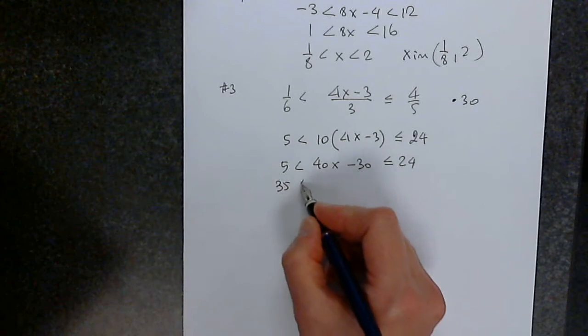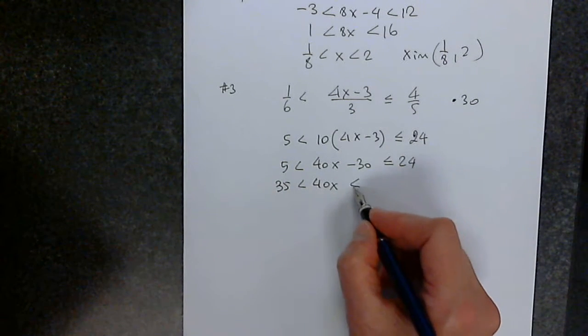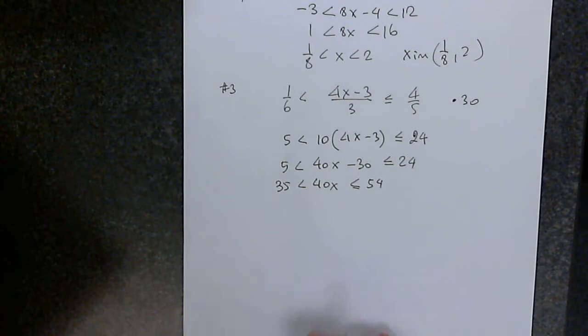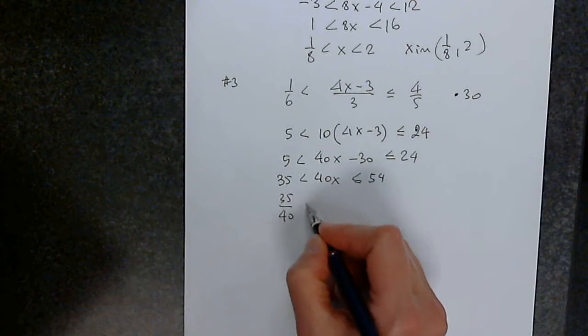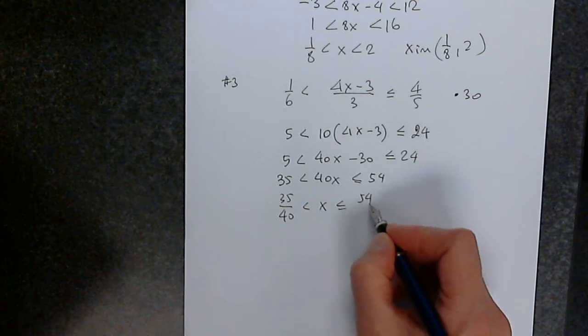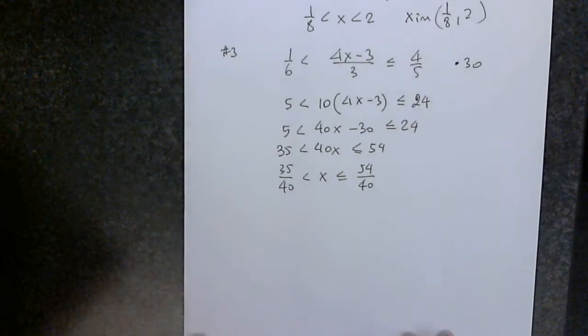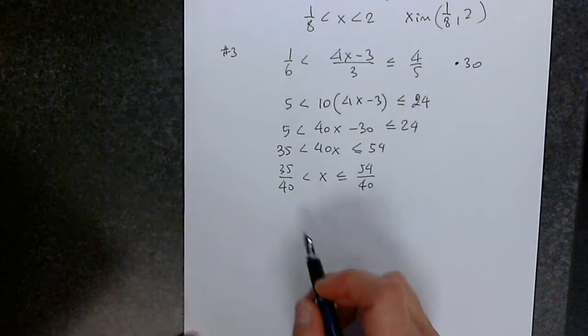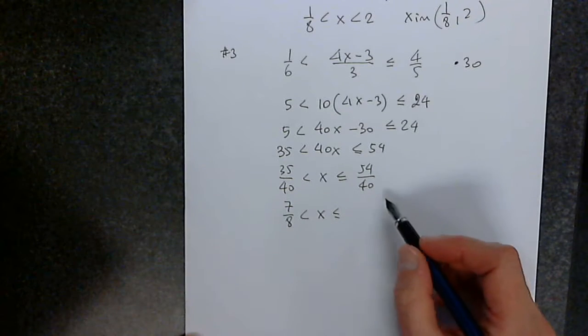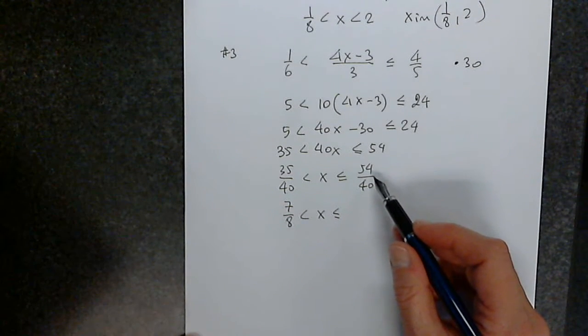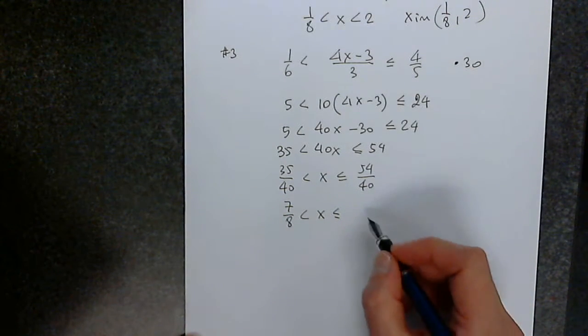Divide by 40. Exactly. So 35 divided by 40, and I'll simplify, and 54 divided by 40. Here by 5, and I get 7/8, and here by 2 only.